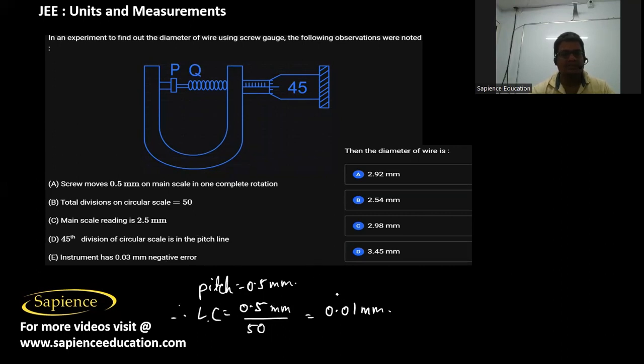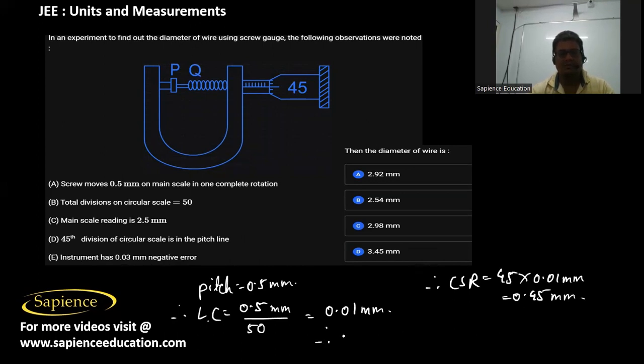And main scale reading is 2.5 millimeter. 45th division of circular scale is in the pitch line. Instrument has 0.03 millimeter negative error. Okay. So therefore the circular scale reading, that is 45 into the least count, that is 0.01 millimeter. So that is 0.45 millimeter.